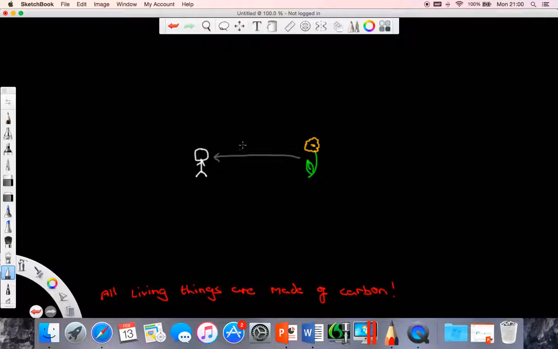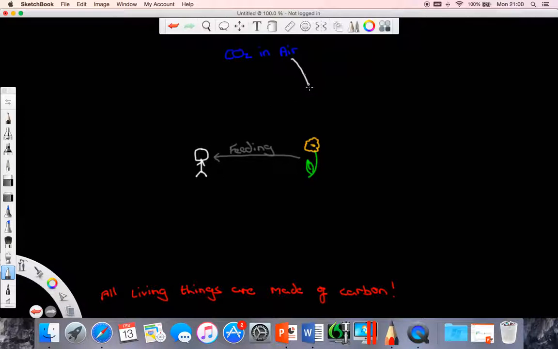But where do plants get their carbon from? Plants get their carbon through a process of photosynthesis, because carbon is found as carbon dioxide in the air, okay? And plants remove this carbon dioxide from the air through photosynthesis.